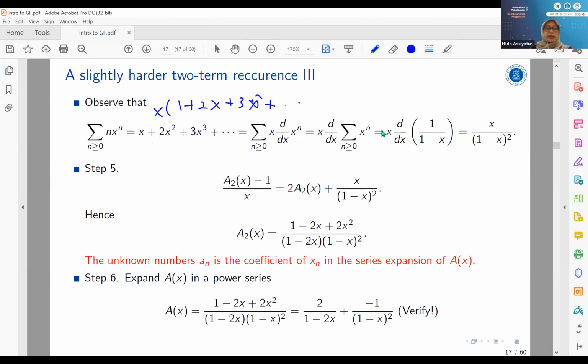You may already observe that this is the derivative of x to the n.